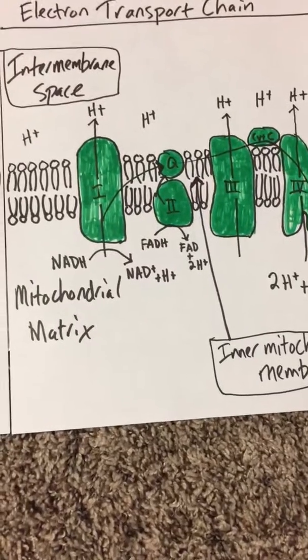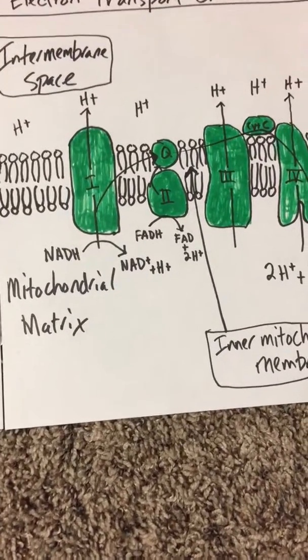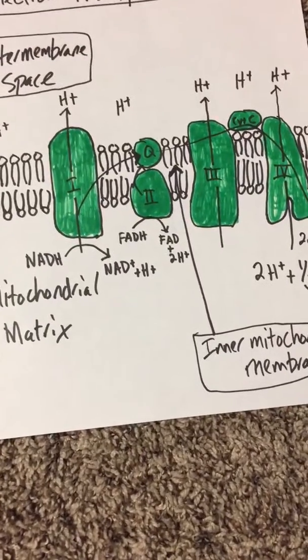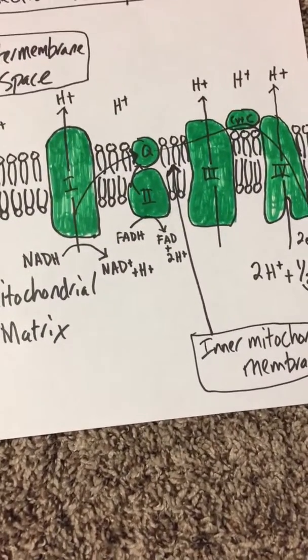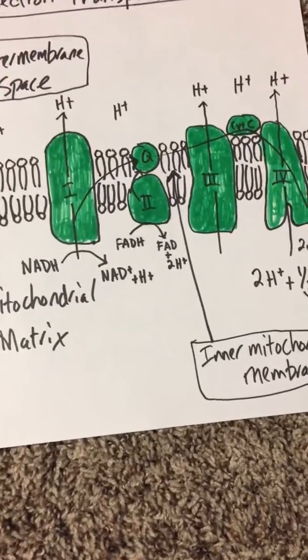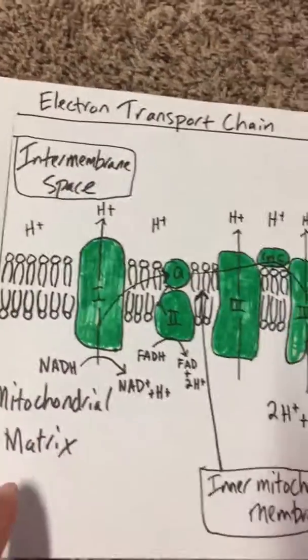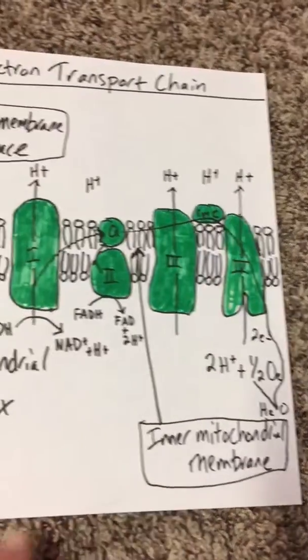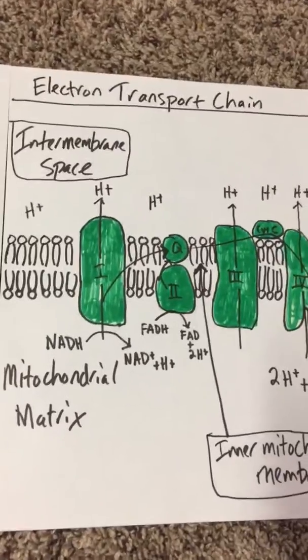Those electrons are passed down the chain. They move from a higher to a lower energy level, which releases energy. Some of the energy is used to pump H+ ions, moving them into the intermembrane space right here. Here's the inner mitochondrial membrane, and the mitochondrial matrix as well.